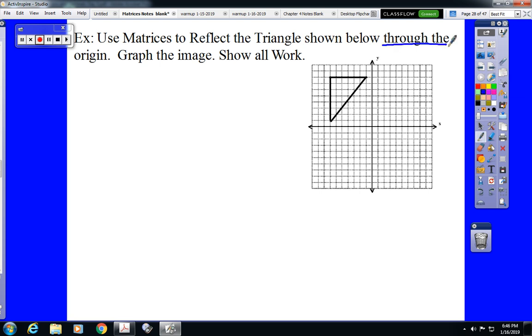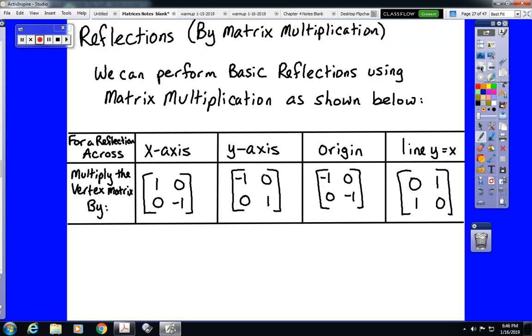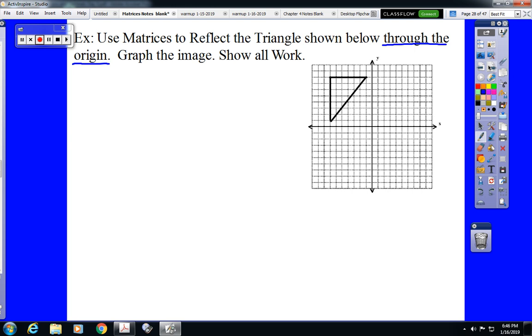So if you go back and look at the previous page, if we're looking for through the origin, that would be this matrix here, -1, 0, 0, -1. So we start with that matrix, -1, 0, 0, -1, and we multiply that times the vertex matrix of our triangle.